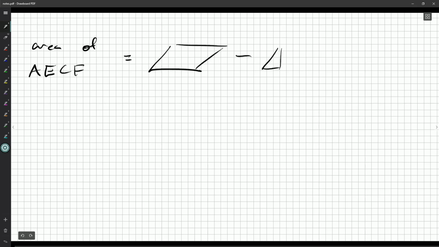So the area of A down to E, then C, then F, is the area of the parallelogram, let's call it ABCD, minus the right angle triangle AED, minus the other right angle triangle ABF.